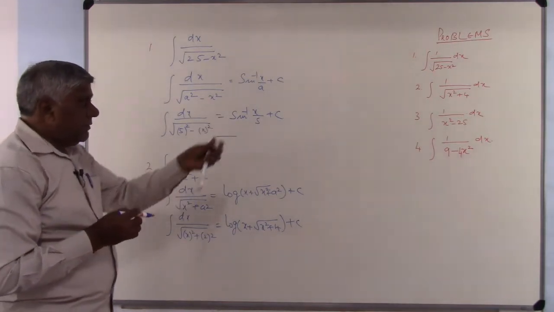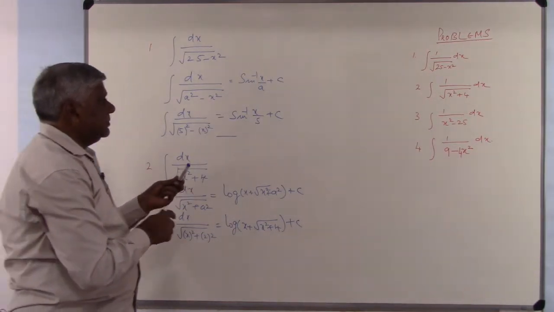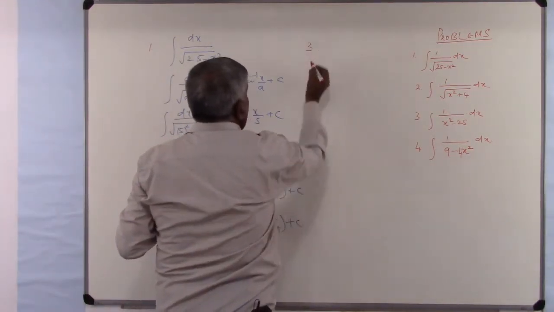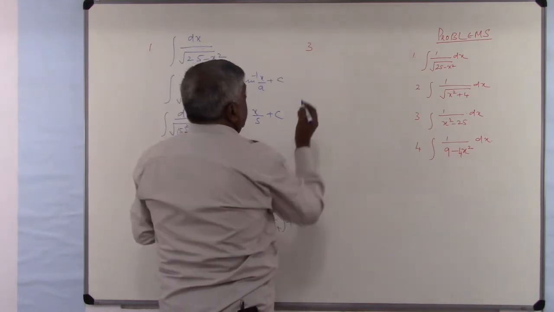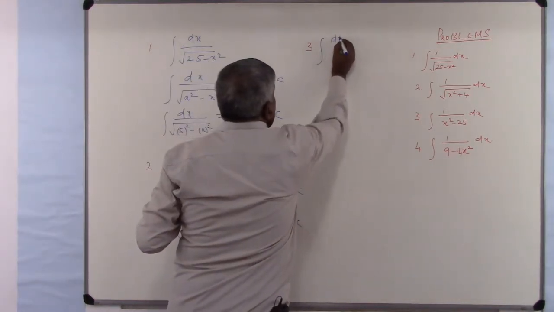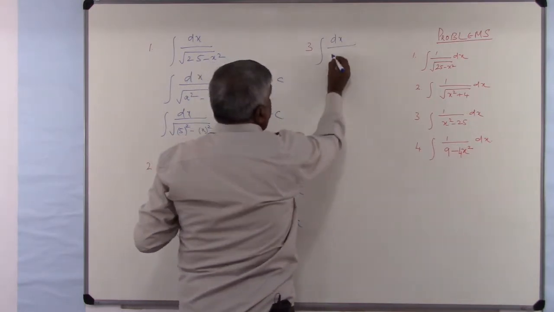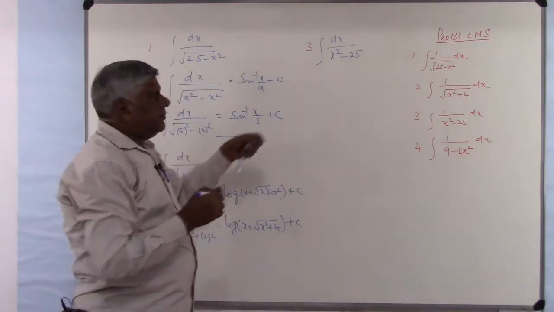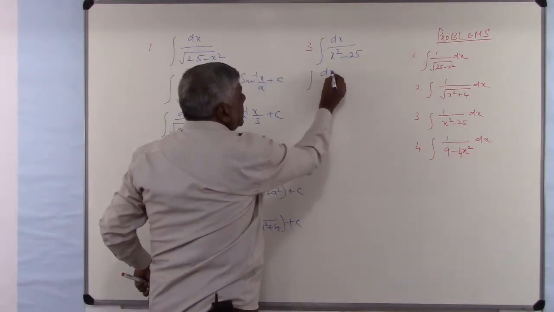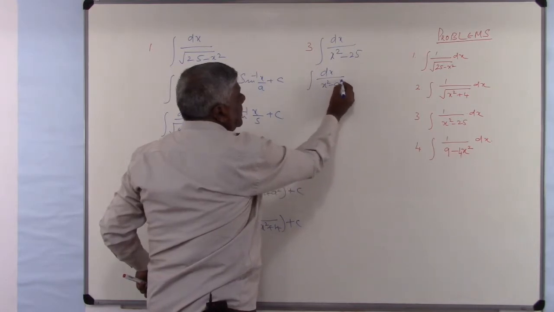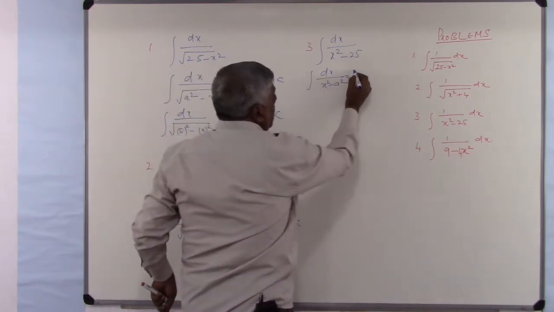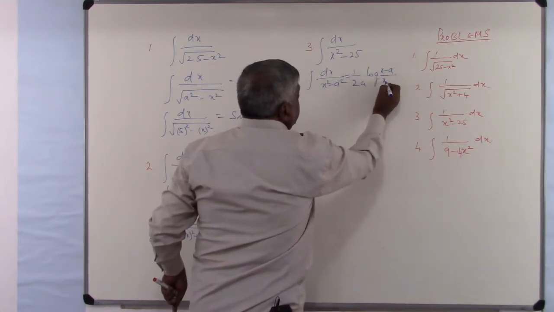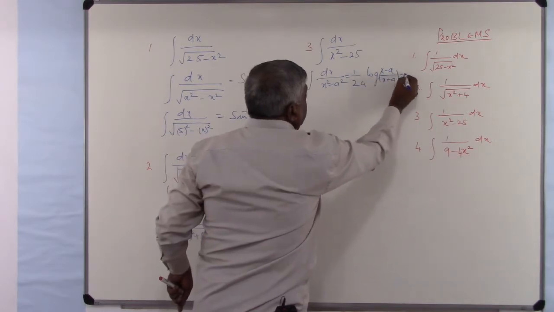Now similarly, we can see the third problem. Integral dx by x square minus 25. This is in the form dx over x square minus a square, which is equal to 1 over 2a log of x minus a by x plus a plus c.